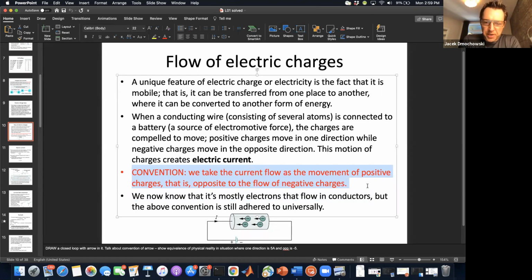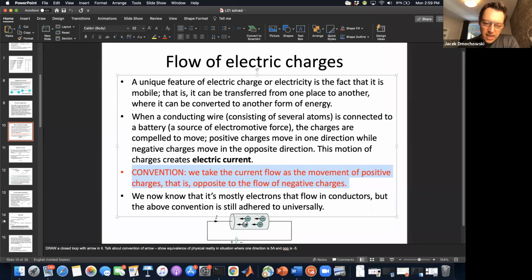That's actually the opposite of reality, but the good thing is that it doesn't matter. So in the circuit here, we assume that the positive charge is traveling clockwise from here all the way back around to the negative pole.